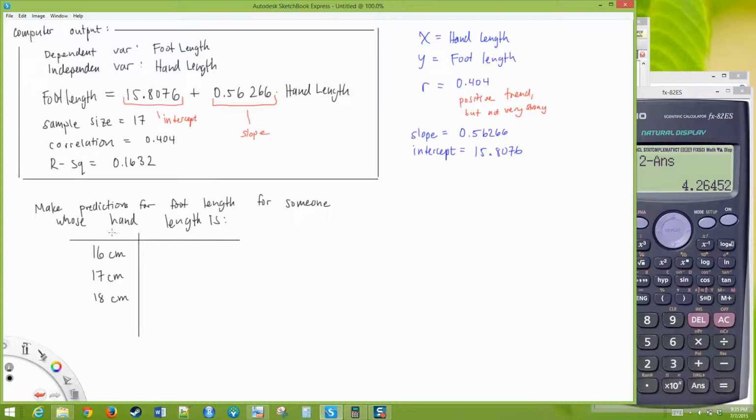So this will be hand, and over here we have predicted foot length.